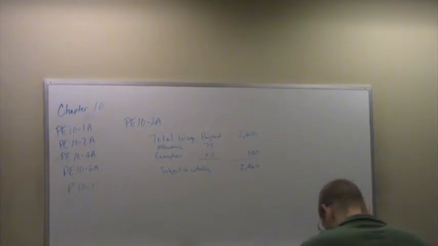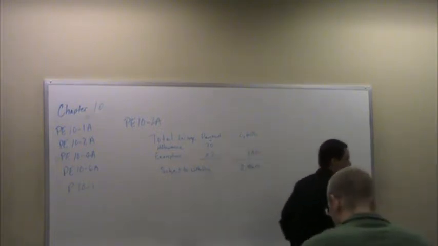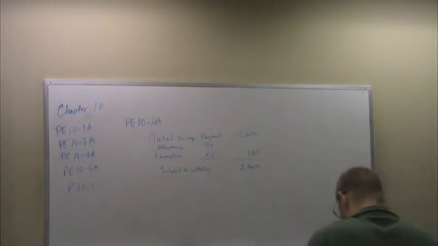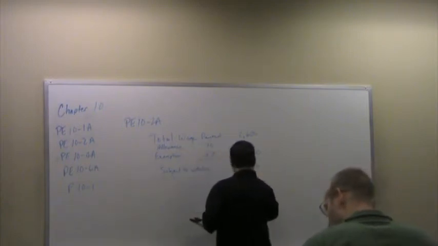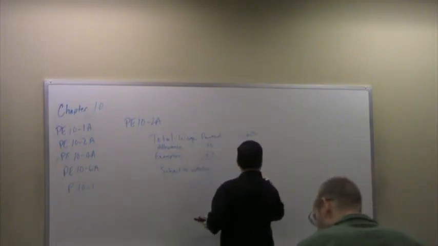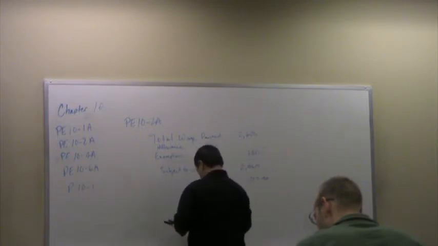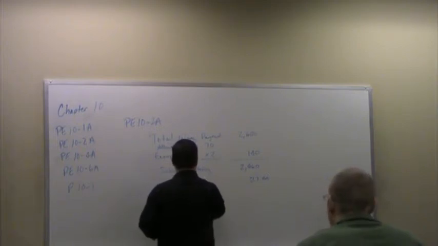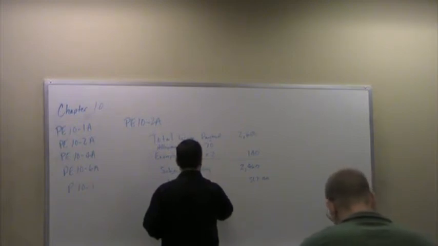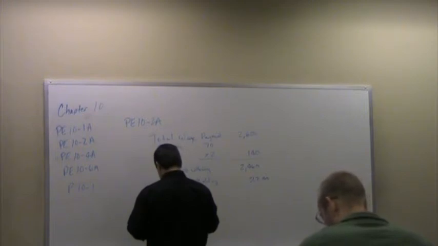To figure that out, there's an example there you can look at. So this is our initial withholding, and then we have the 28%.